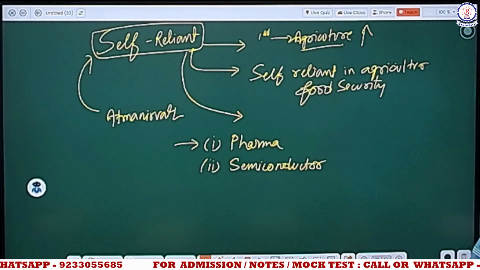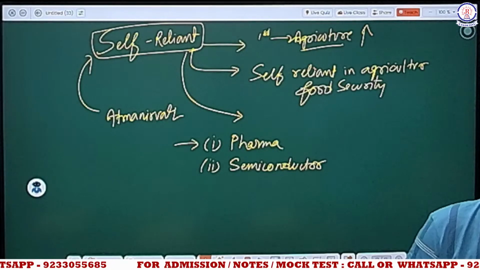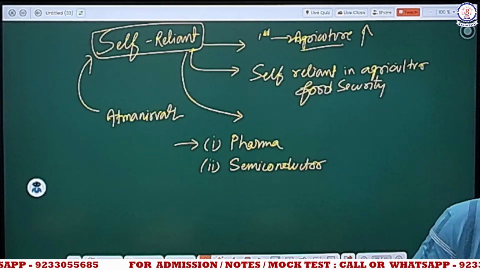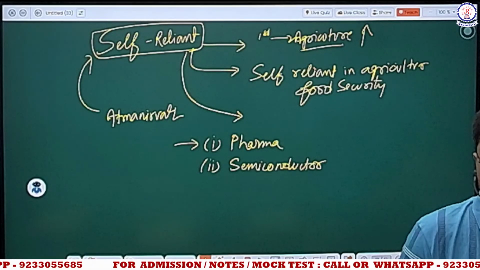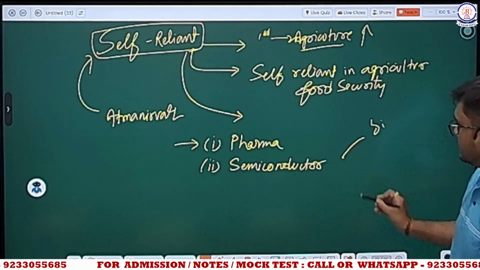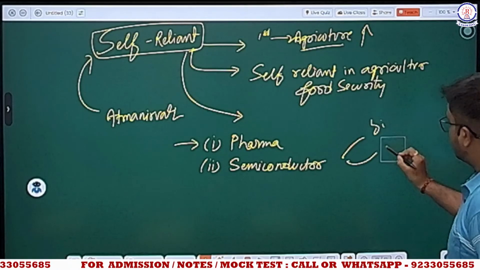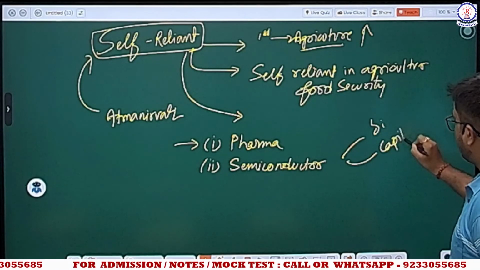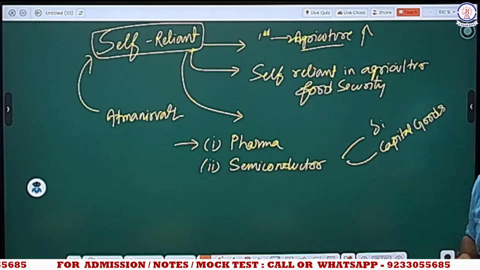But what are the raw materials needed for semiconductors? Silicon, then capital goods.